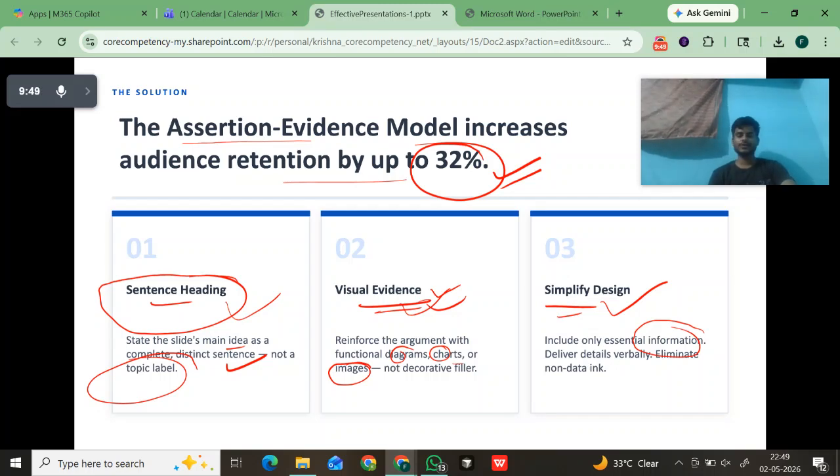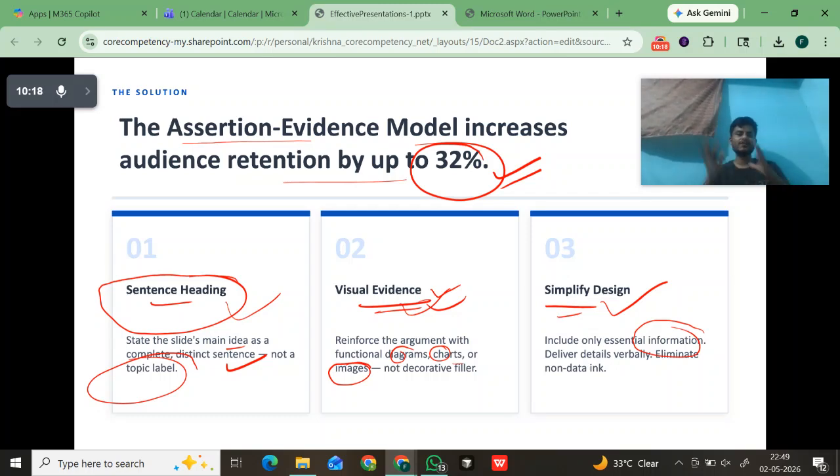So whenever you are going to design, keep three things important. First, a clear heading in proper sentence format, clear about what the slide is about. Use visual evidence, either diagrams, charts, or images, but supportive images. And simplify design, remove the extra things which are not supporting learning.